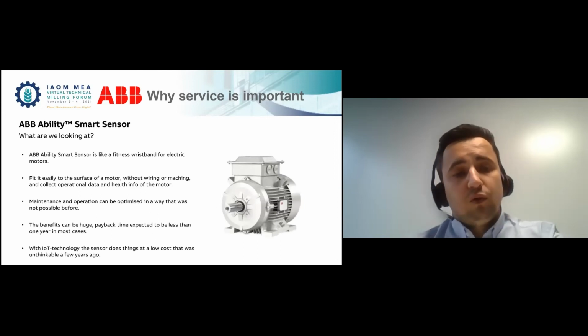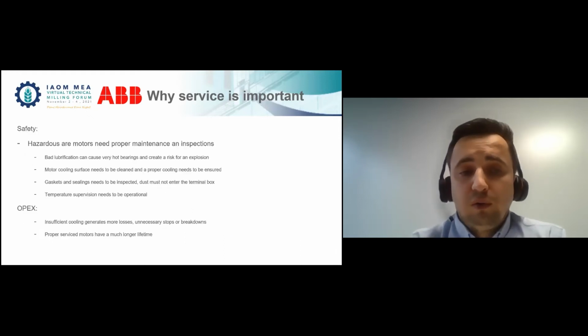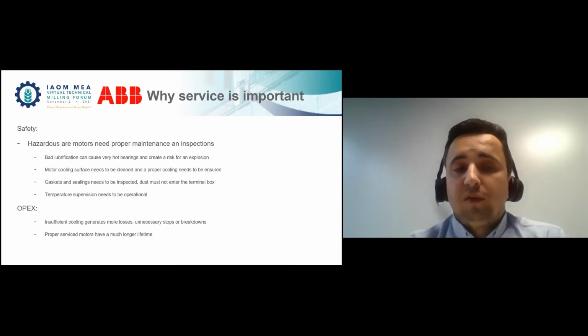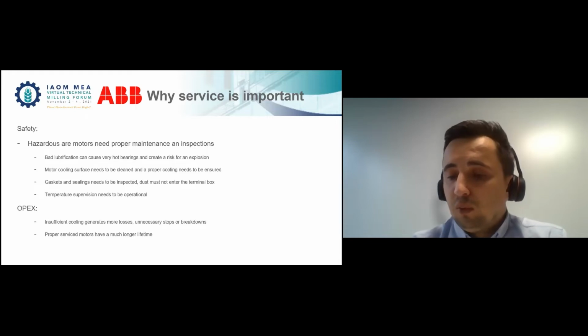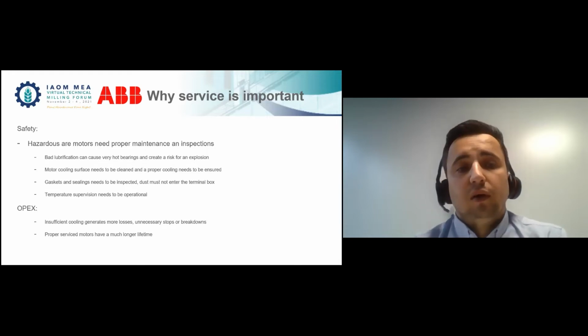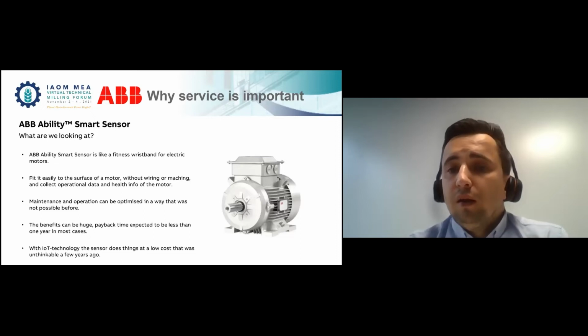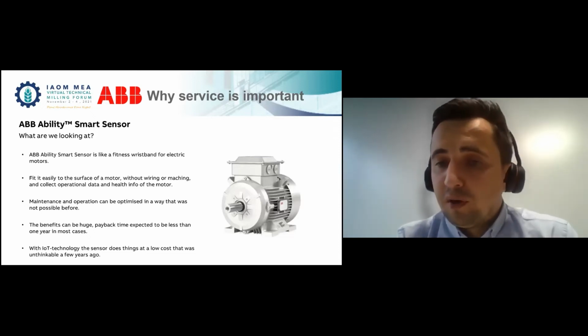I have spoken about the traditional ways of doing maintenance, and what is important with the motor technology to avoid any failures and to ensure good operation. But there are also new technologies like smart sensors, as we also saw in a previous presentation.